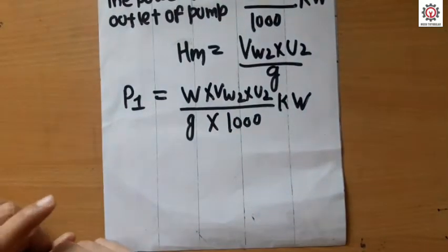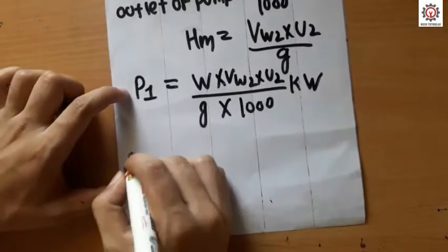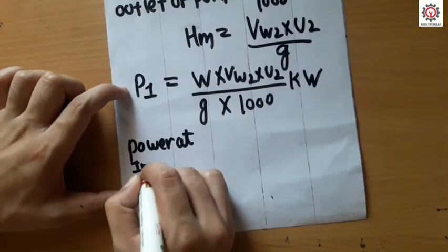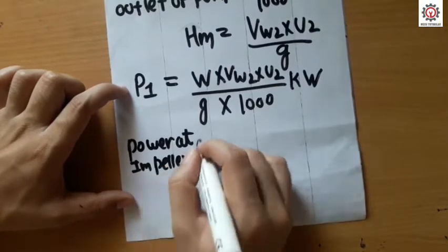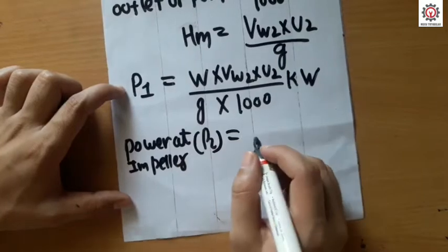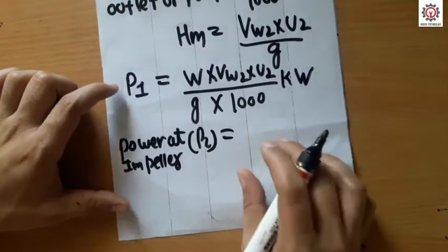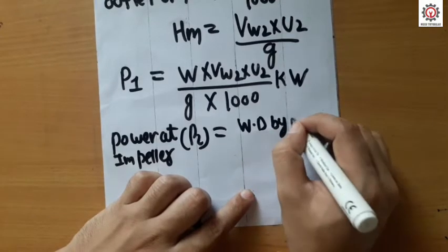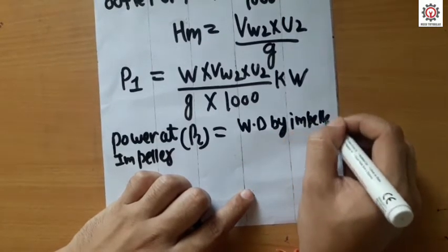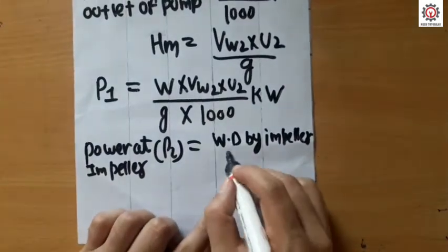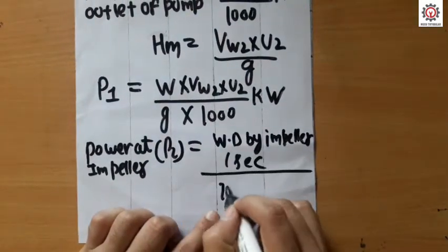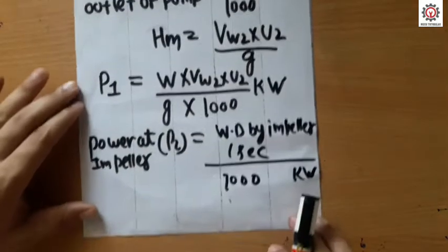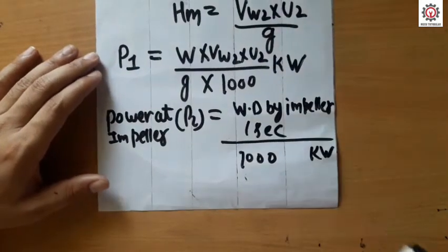Now we derive the power at the impeller. Suppose this is P2. The power at the impeller is the work done by the impeller per second divided by 1000 kilowatt. Work done per second is nothing but power.